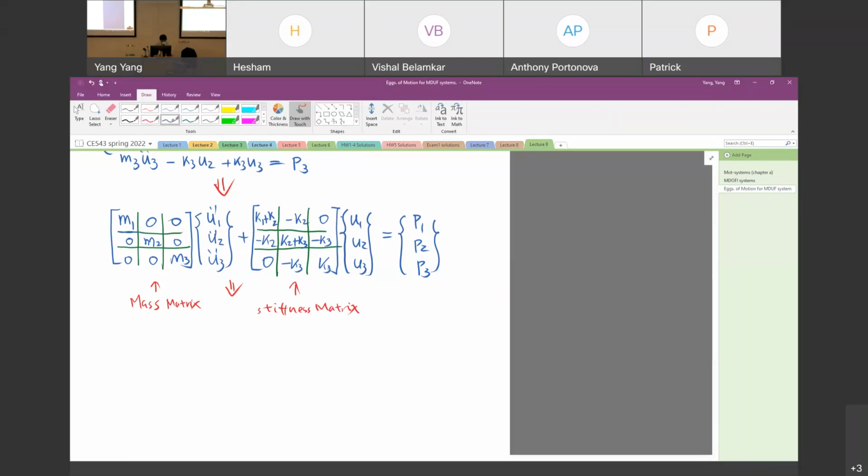In the other form, we use the mass matrix times the acceleration, plus the stiffness matrix times the displacement, equal to the force vector.